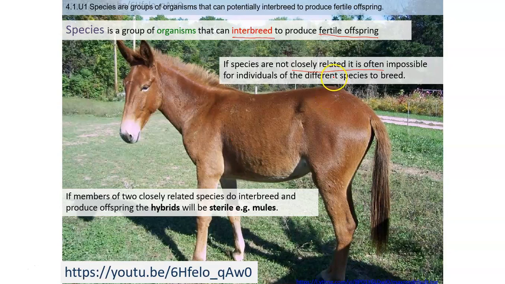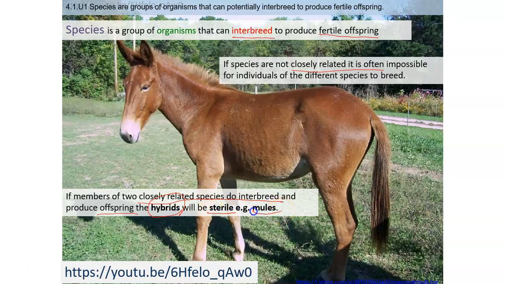In some rare cases, very closely related species can interbreed and produce offspring, but the offspring will be a kind of hybrid because it cannot be fertile, or it will be sterile.